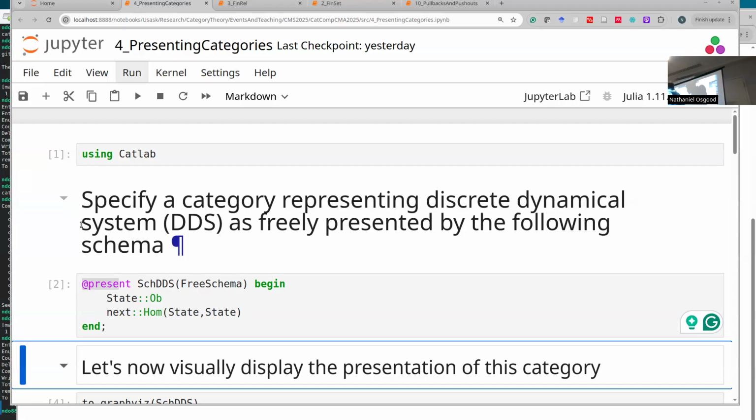What this means is that this is a category, we're defining the generators, but from those generators there are actually other morphisms implied. For example, next can be composed with next, and next can be composed with next 3 times and 4 times.